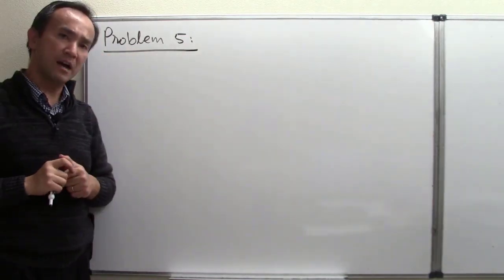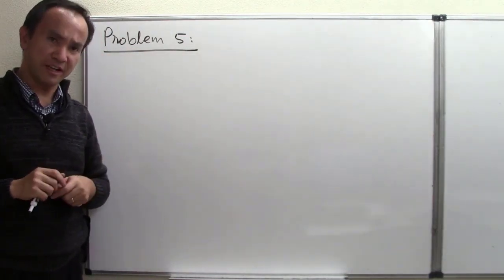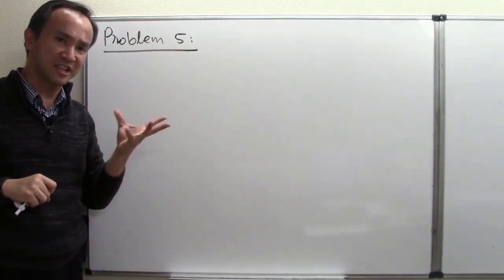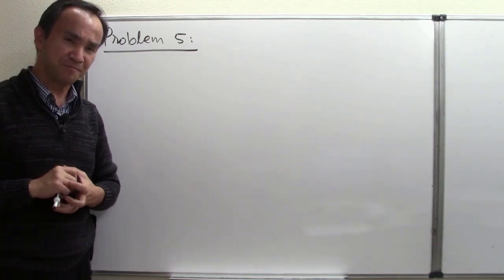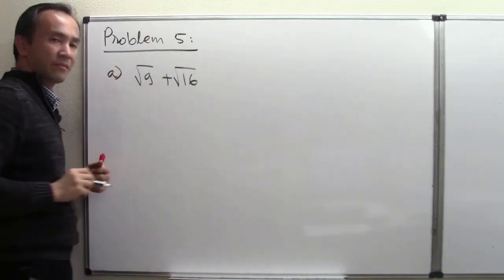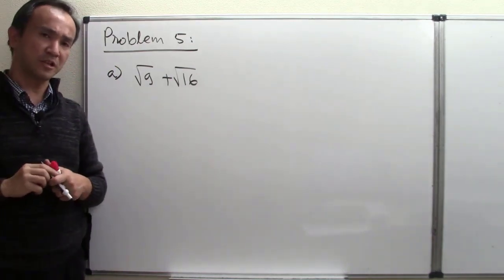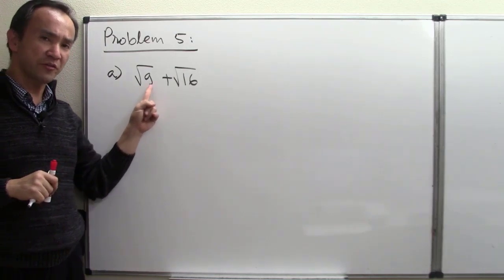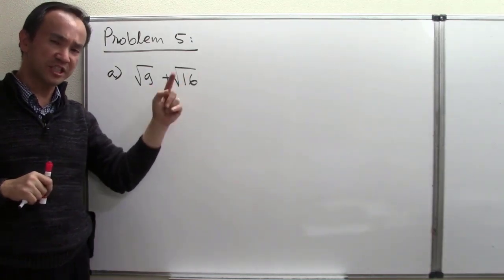All right, now allow me to bring in another problem where we keep exploring further into the properties and understanding of a square root. Let me bring in the following computational problem. We're looking at the square root of 9 plus the square root of 16.